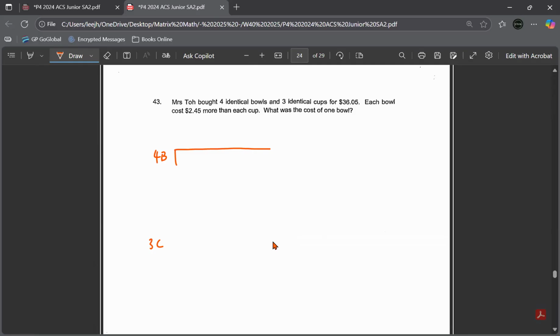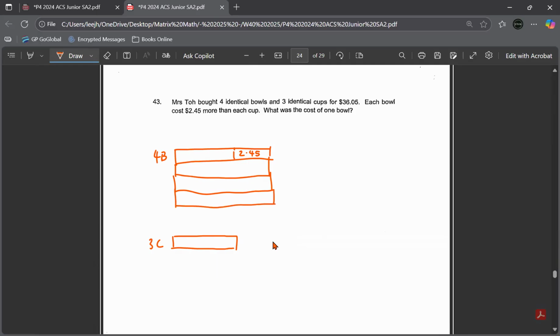So for 1 bowl, it's $2.45 more than 1 cup. Correct? But I have 4 bowls there. So that means I will have 1, 2, 3, 4. So over here, all this will be 2.45 more.